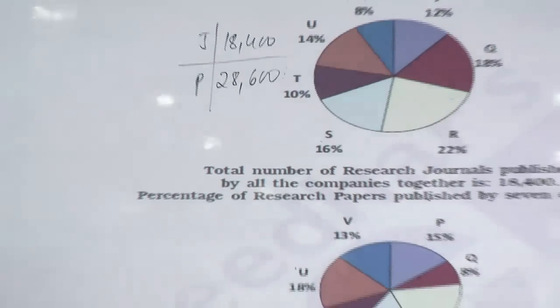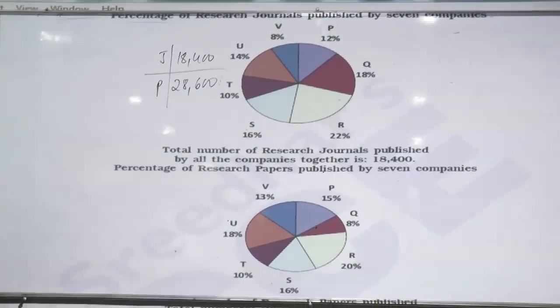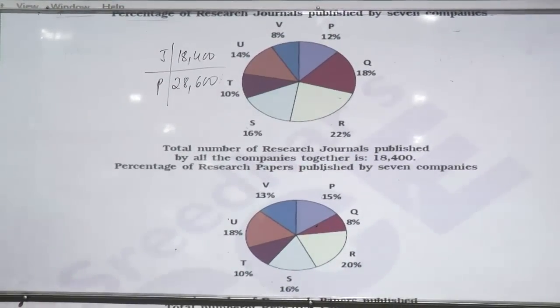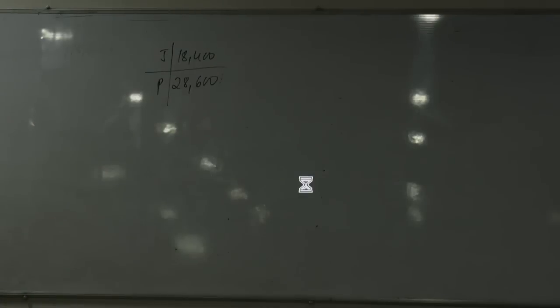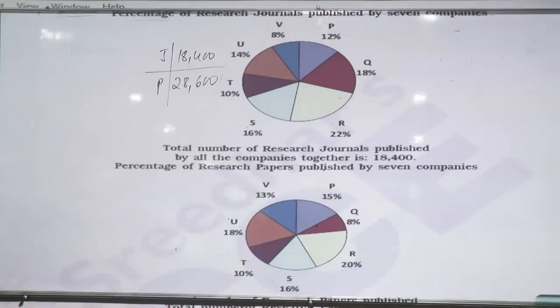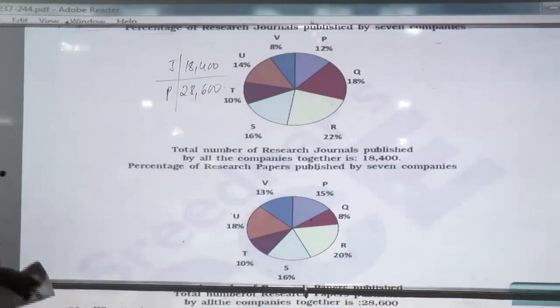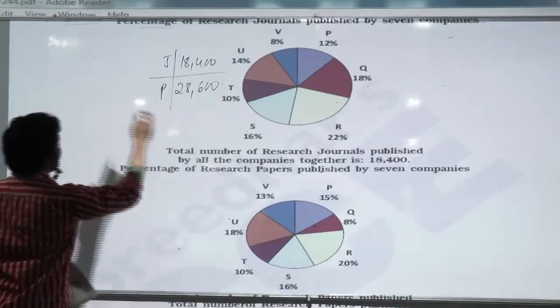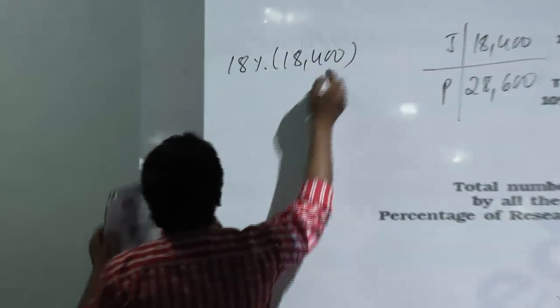The number of research journals published by company Q is approximately what percent more than the research papers published by company T? The first one is journals and the second one is papers. Journals by Q, Q 18%. 18% of 18,400.